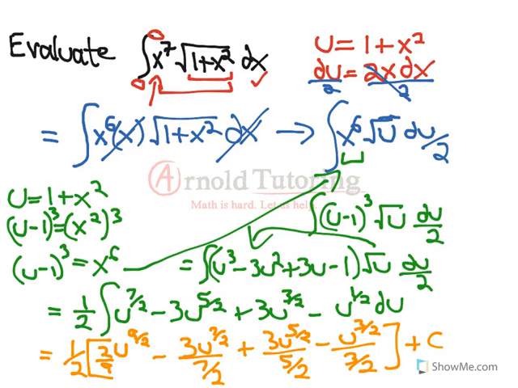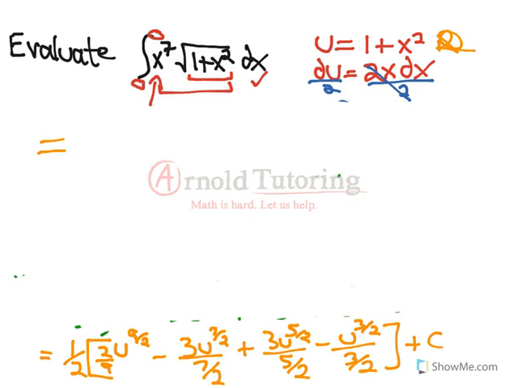However, you always have to leave the answer in terms of the same variable that it was given. So there weren't u's given in the question, there were x's given. So now we've got to replace every u by 1 plus x squared, which is what we called u in terms of x. So let's do that.